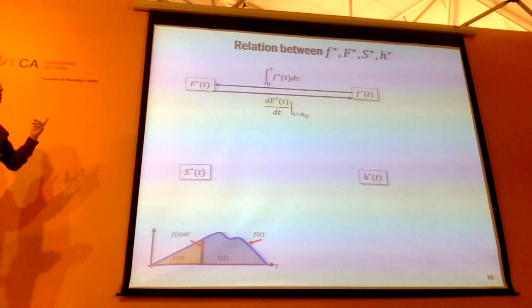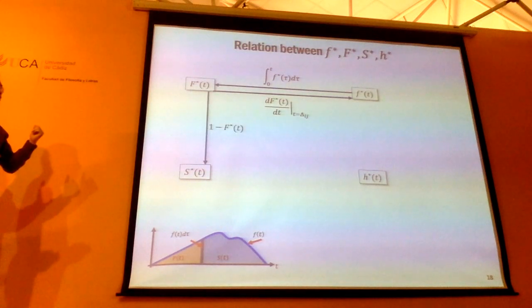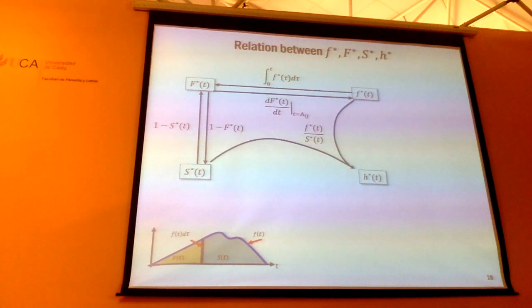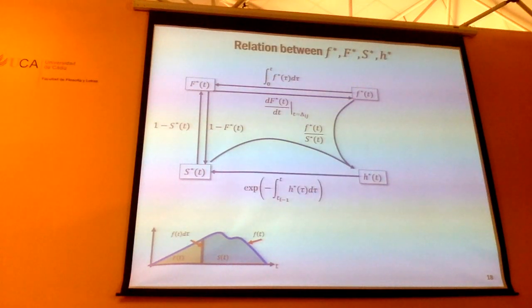You can go from the cumulative distribution function to the survival function by 1 minus F, and 1 minus the survival function is the cumulative distribution function. The ratio between the density function and the survival function is the intensity function. And from the intensity function, we can go back to the survival function and then the density function by these two formulas.